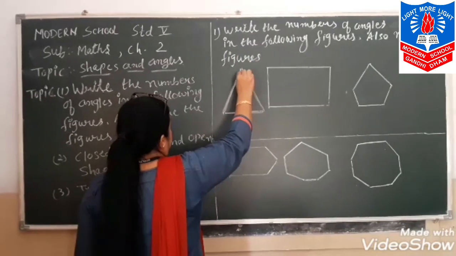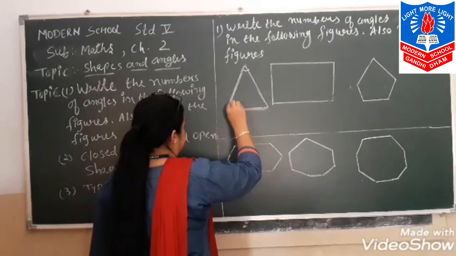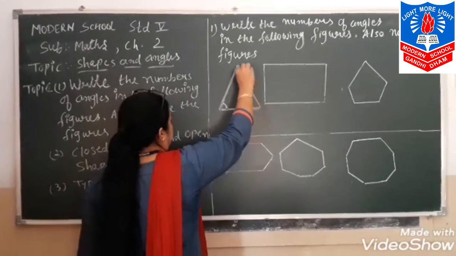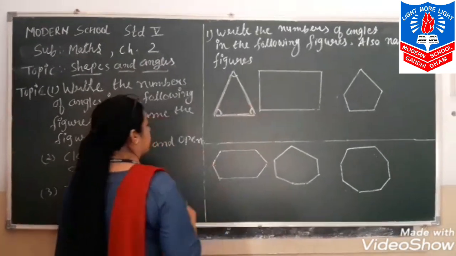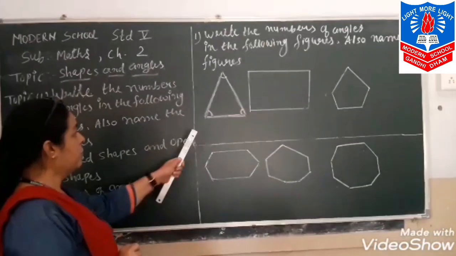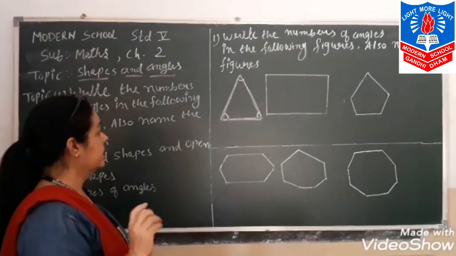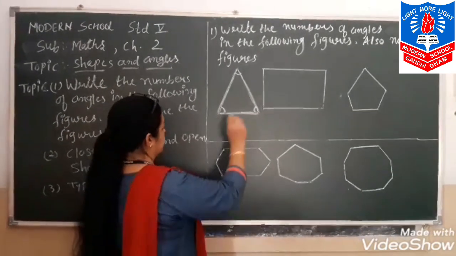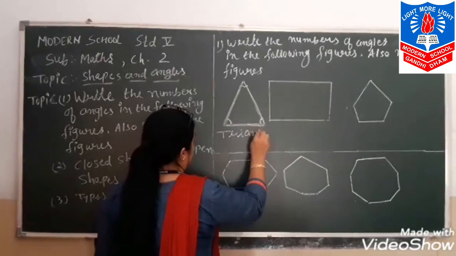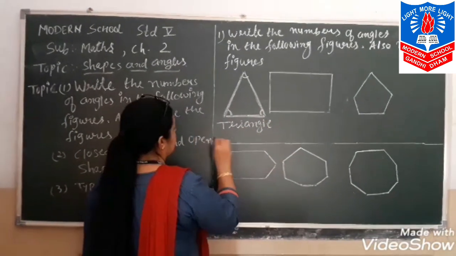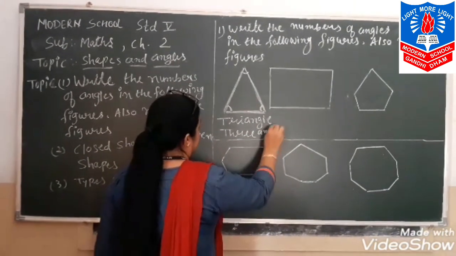So here is the first angle and in this way here is the second angle and here is the third angle. So the name of the figure is triangle and the number of angles is 3. Triangle, 3 angles.